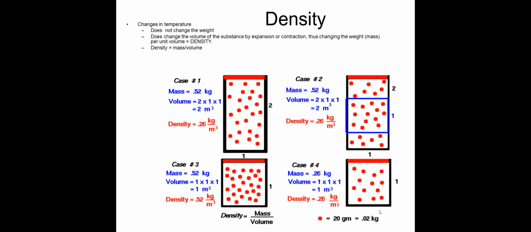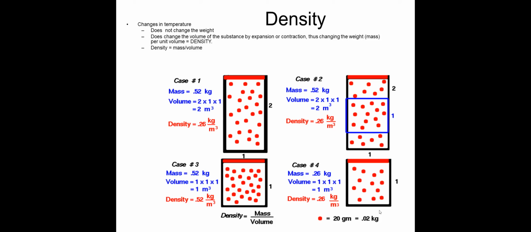It does change the volume of the substance by expansion or contraction, thus changing the mass per unit of volume. So the key here is per unit of volume. And this is what we call density. Density is equal to mass divided by volume.